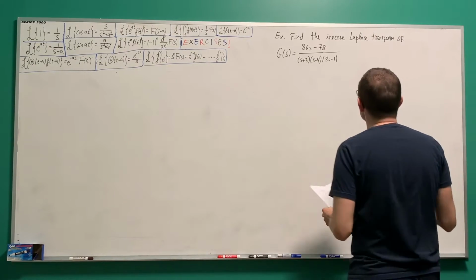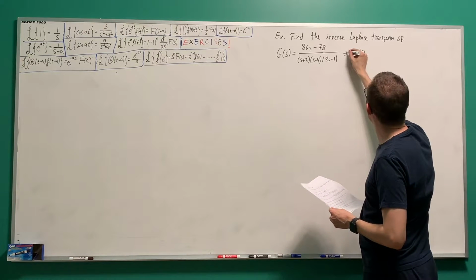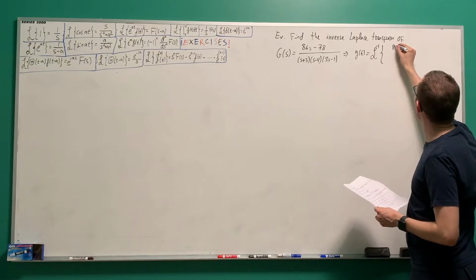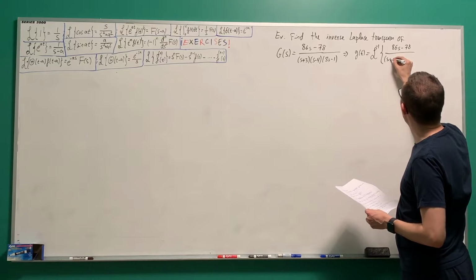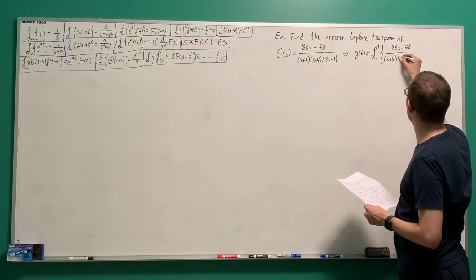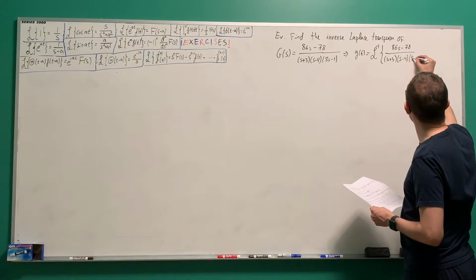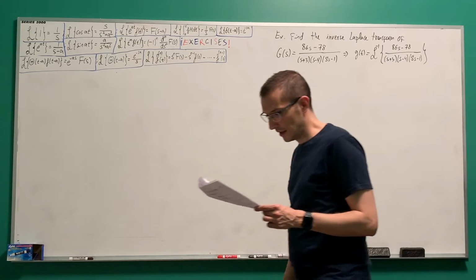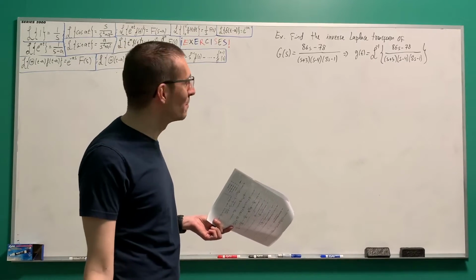All right. So I know that I'm looking for g of t, which is the inverse Laplace of 86s minus 78 divided by, how nice of me, I already gave you this factorized in its roots, (s plus 3)(s minus 4)(5s minus 1). Notice that I try to distinguish the 5s really well from the s's. This is a task for simple fraction decomposition.